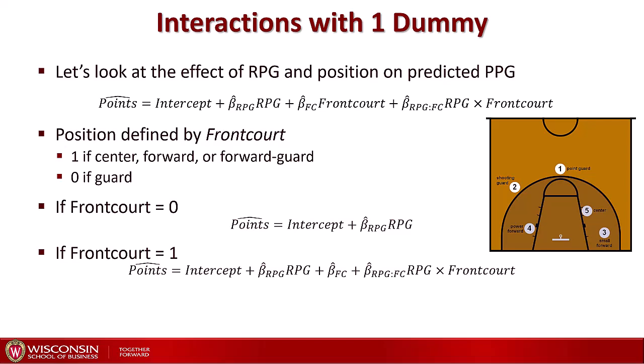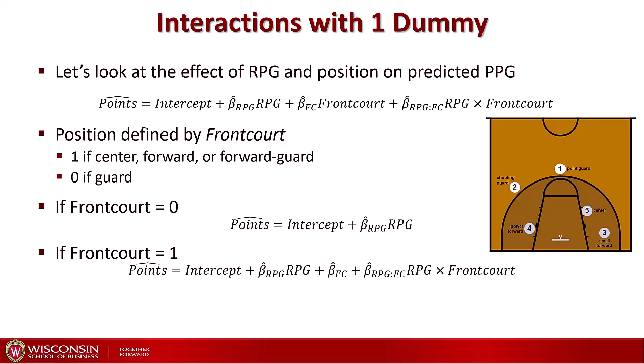If we look at the equation at the top with the interaction terms, we can see that front court is either 0 or 1. When it's 0, some terms will disappear. So if front court is 0, the equation becomes predicted points equals intercept plus beta hat RPG times rebounds per game.